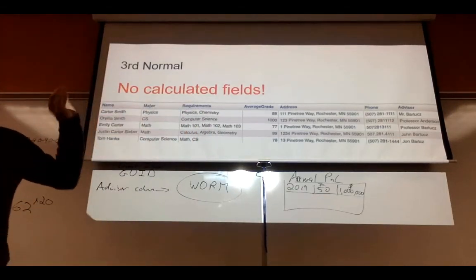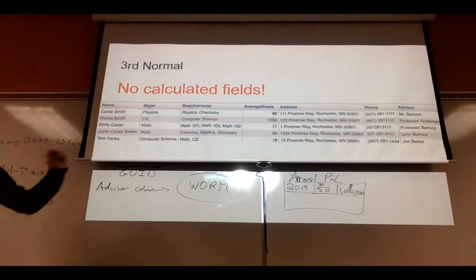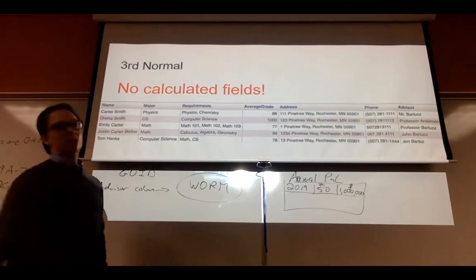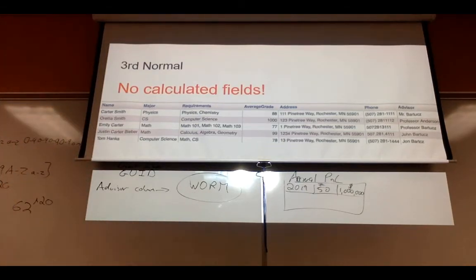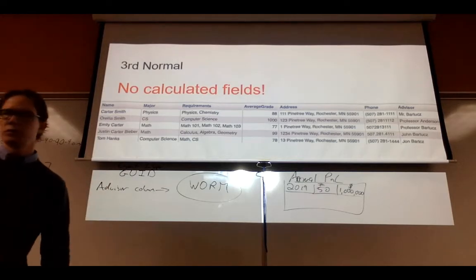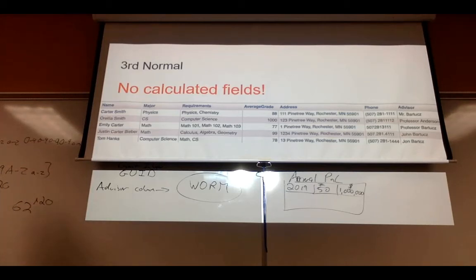So there are use cases where you can have a calculated field, but they're very specific. In this case, it's a bad idea, because every time I type something in, your average grade changes. Every time you submit something to me, it's a bad thing to have to go through and recalculate everything.